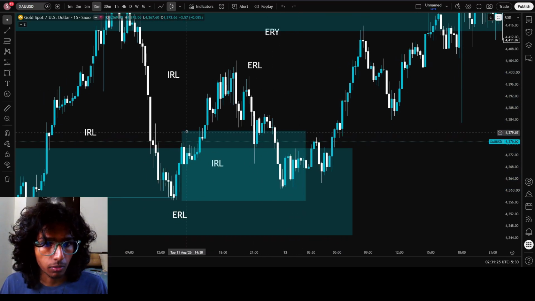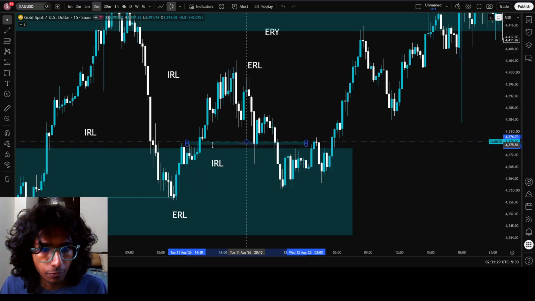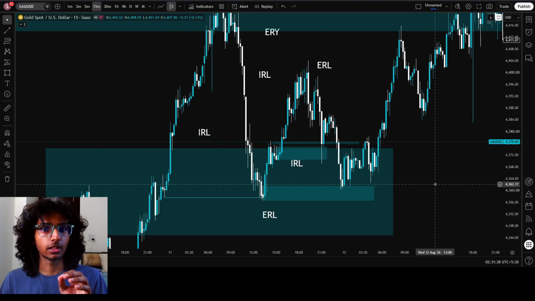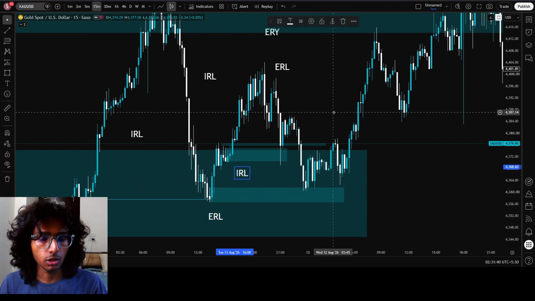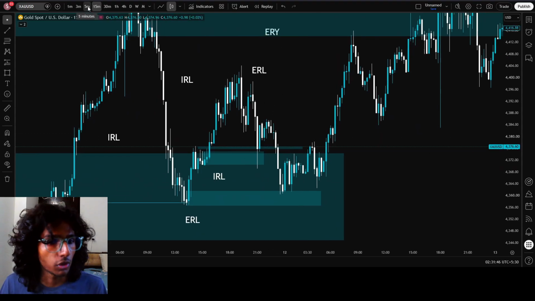Everything should be marked at below 50%. So there is no FVG over here, FVG over here, OB over here, and another OB over here. So three zones are there to enter. Just go on M5 and look for sweep and entry.